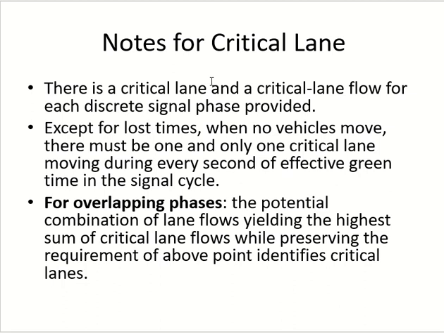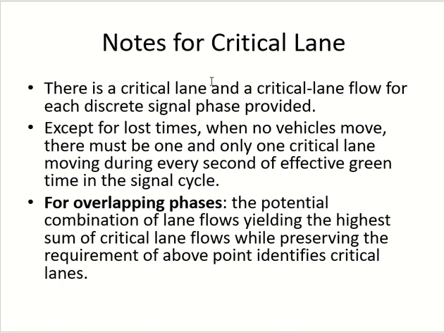For example, straight and left. Both of them start at the same time, but the left one will finish first and the straight will finish later. Got it? So this is overlapping. Both phases started together. They have a common time between them.